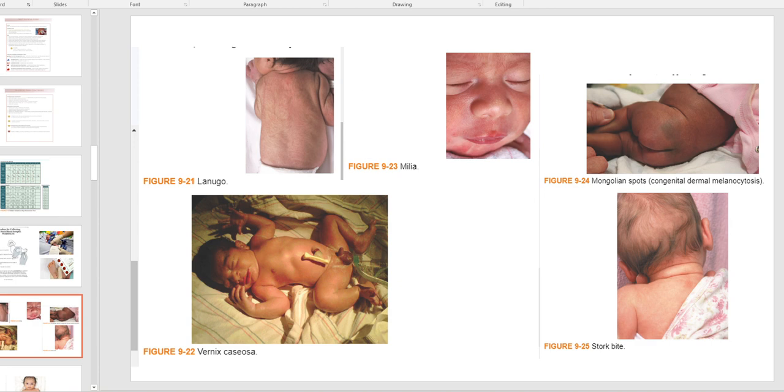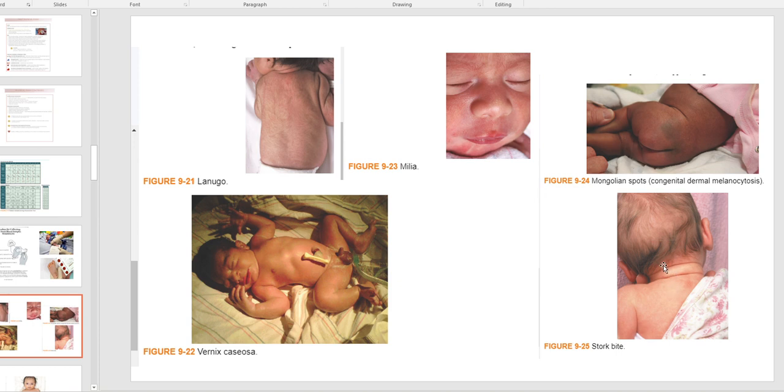Mongolian spots. So this is melanocytosis, and this is just congenital. It's very much related to ethnicity. African Americans, Asians, and Hispanics will see this more than the Caucasian race. Okay, stork bites.